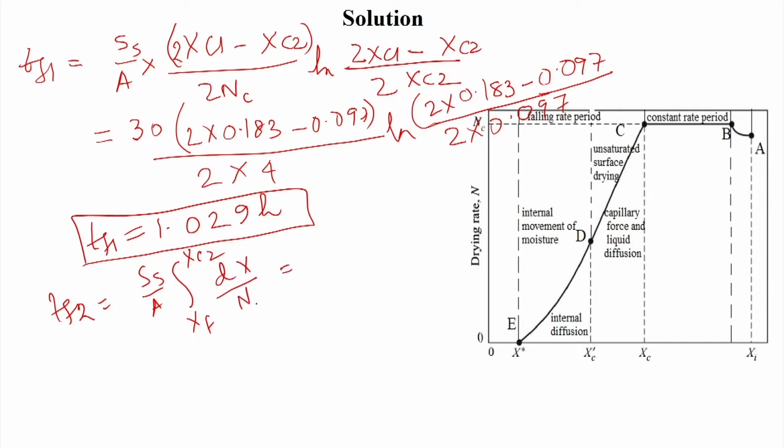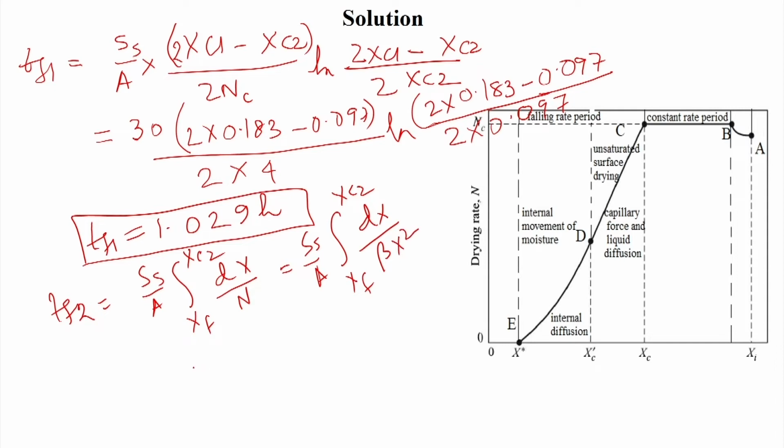We said that the drying rate is proportional to the square of the moisture content, meaning beta into x square. So, in place of N we will put beta x square. We write Ss by A, integration xf to xc2 dx by beta x square.